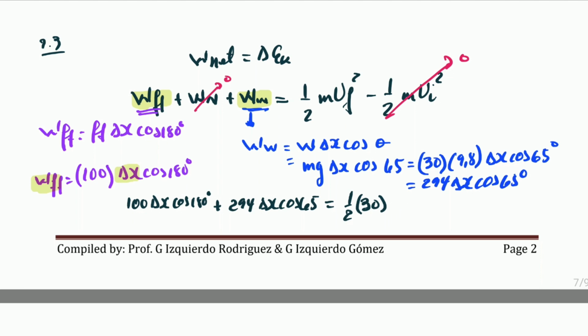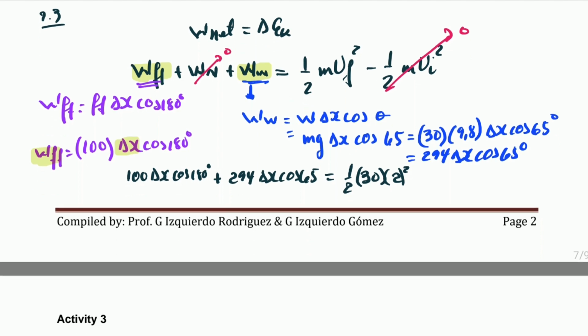We have it as well, which is 2 squared. And this, guys, is the end. The rest is just doing some calculation.